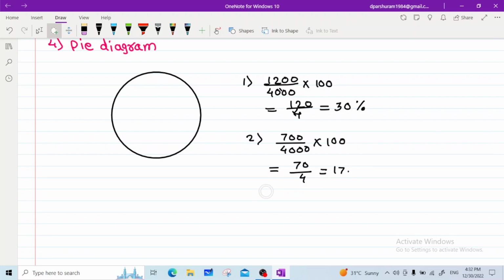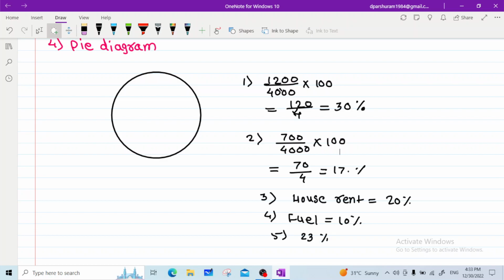Then calculate the same for house rent, fuel, others. For house rent their percentage is 20%. You also calculate this. For fuel 10%, and for others their percentage is 30%.